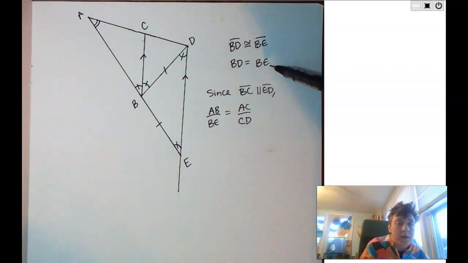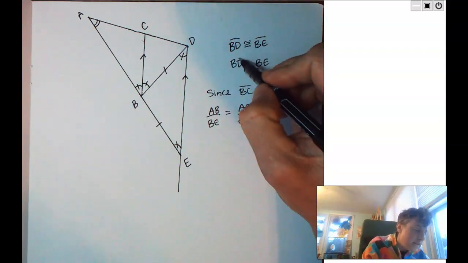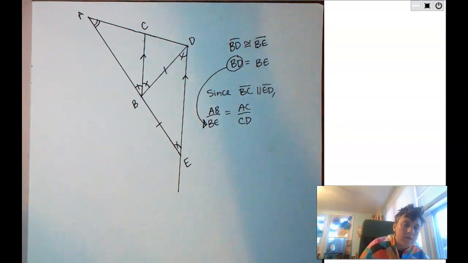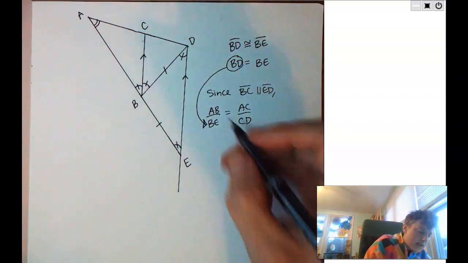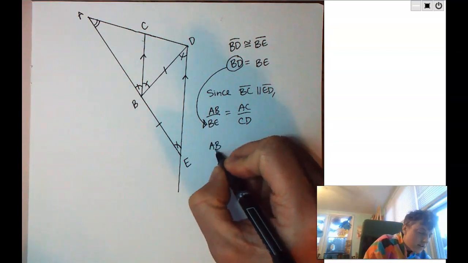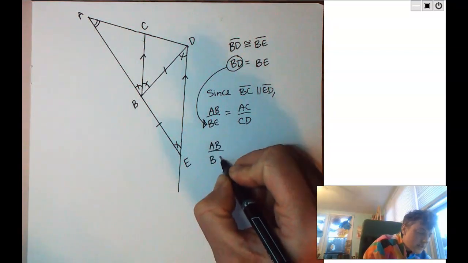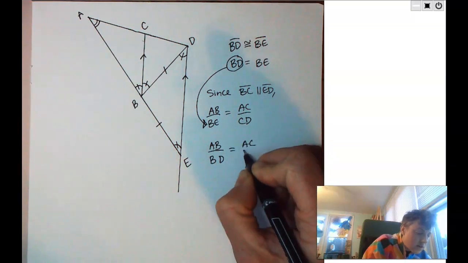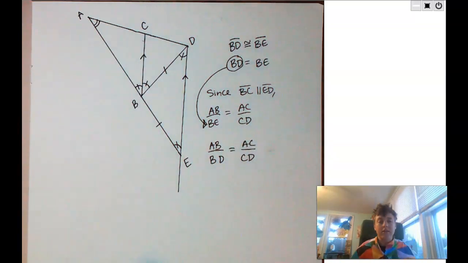But we just showed that BD and BE are equal to each other. So I can actually substitute in BD in this equation. So we'll now have AB over BD is equal to AC over CD.